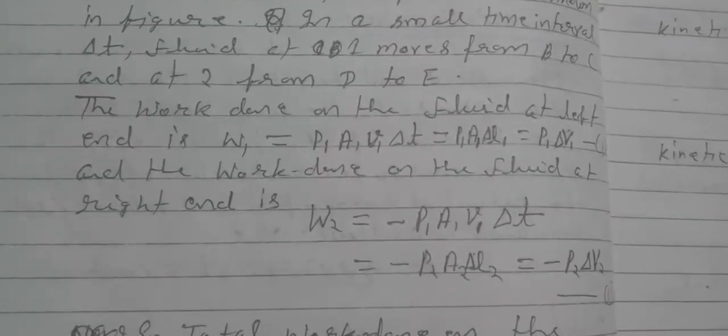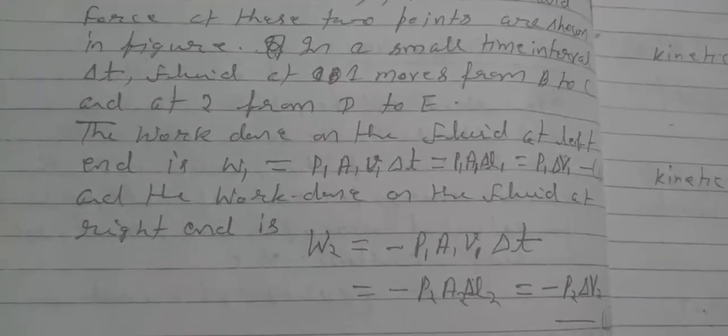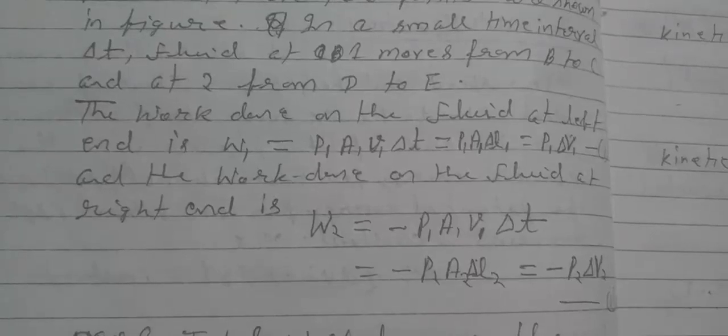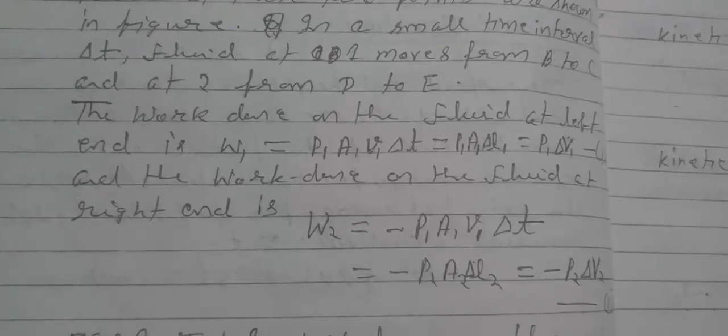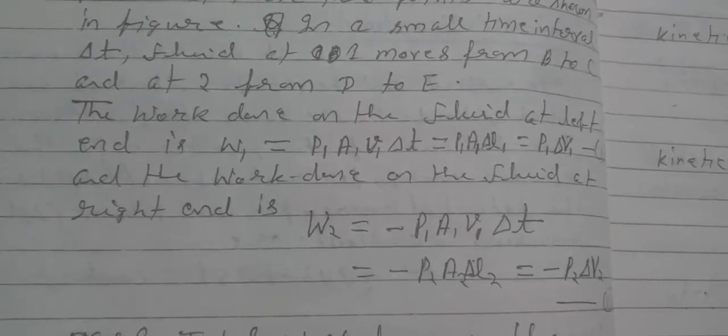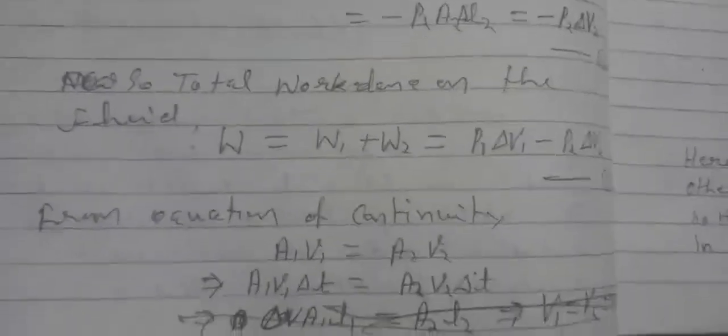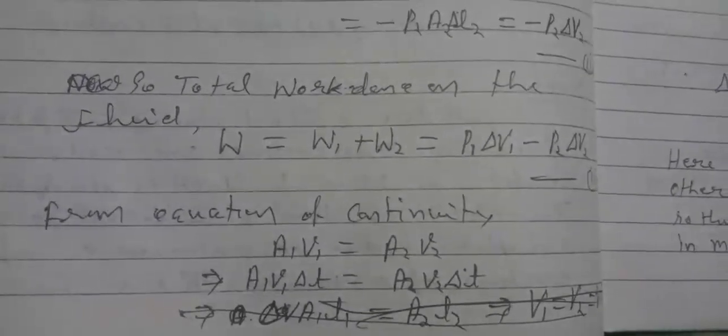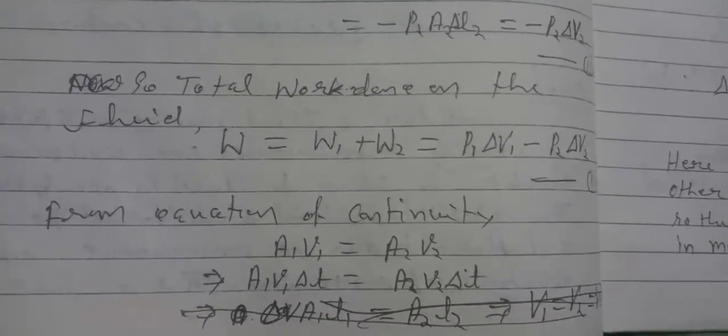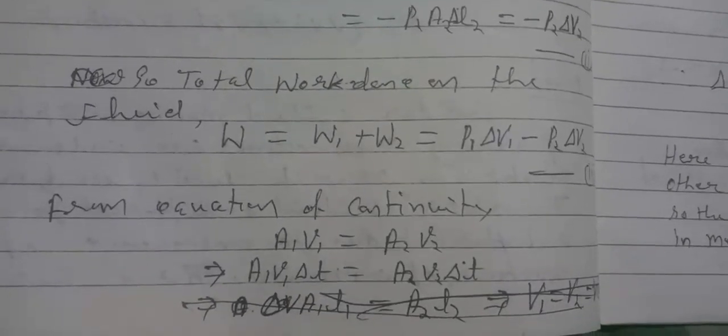And the work done on the fluid at the right end is W2 equals minus P2 A2 V2 delta t, or P2 A2 delta L2, equals minus P2 delta V2. Here delta V2 is the volume at point 2. So the total work done on the fluid is W equals W1 plus W2 equals P1 delta V1 minus P2 delta V2. Equation 1.